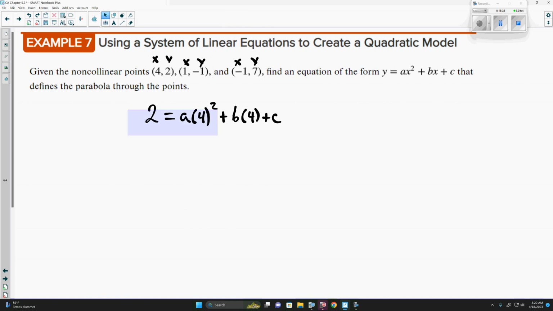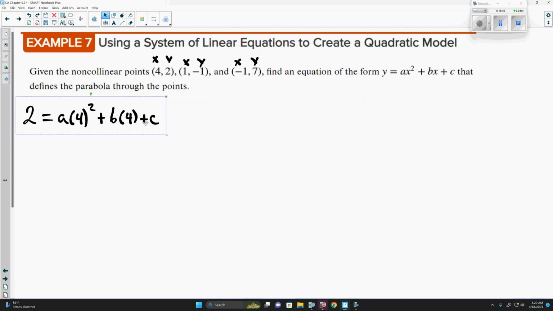I'll write it a little farther to the side, because we got 2 more. The middle one's telling me that if I plug 1 in for x, so a times 1 squared plus b times 1 plus c, I will get a y value of -1.